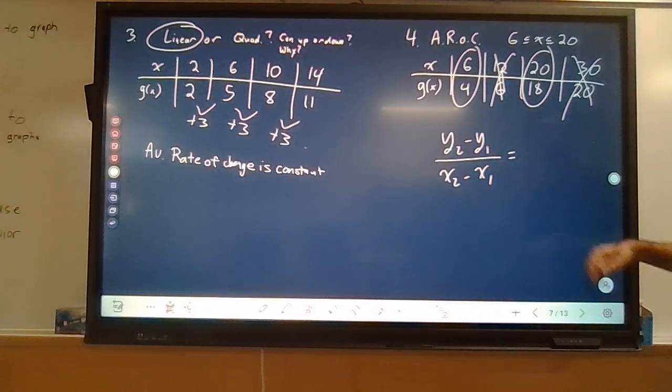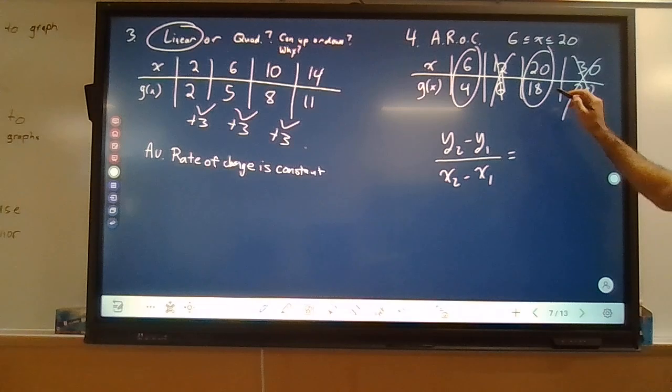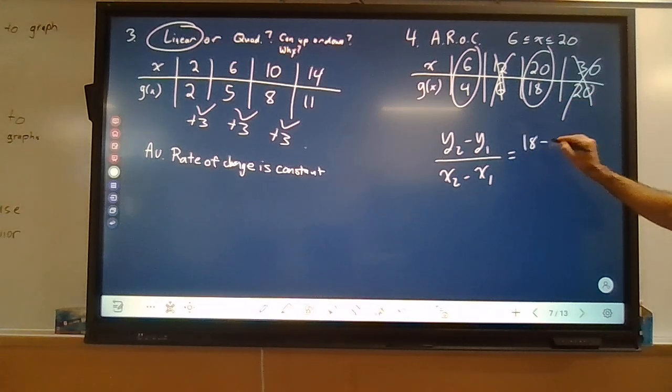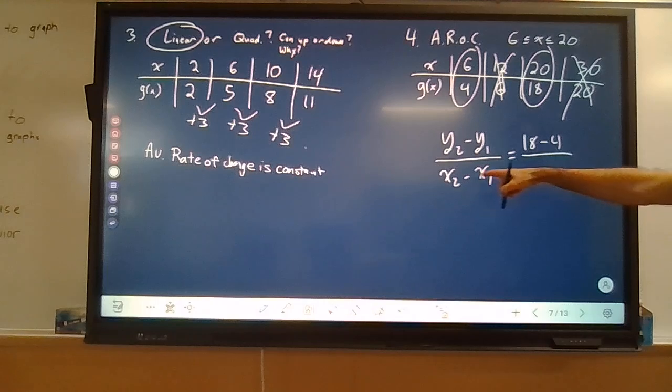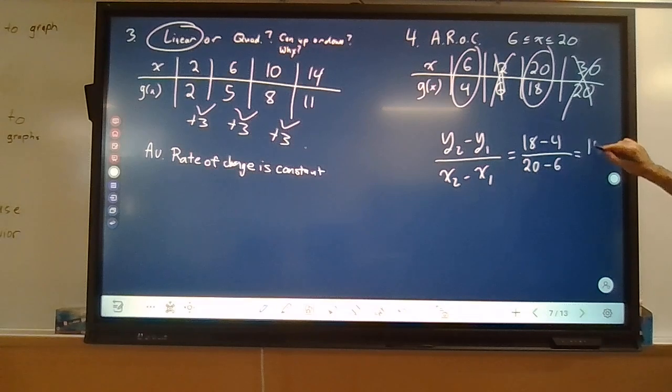So this is going to be x1 and x2, y1 and y2. All right, so we're going to go with 18 minus 4 over, we're going to subtract the x's, which is the top row, 20 minus 6. So that gives us 14 over 14, which is 1. And so that's our average rate of change on number 4.